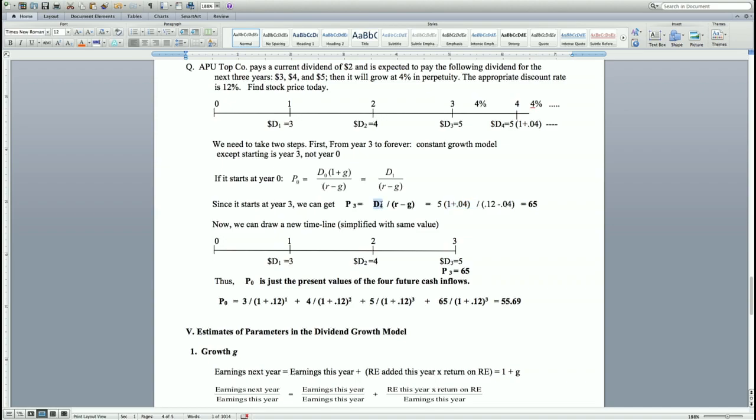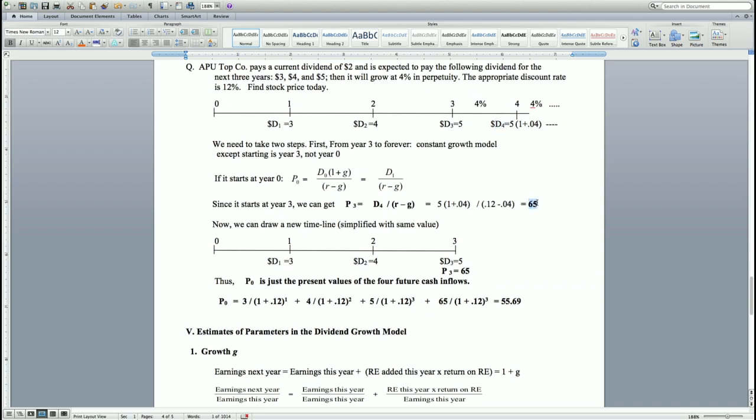That's D4, over R given 12% minus G 4%. So now we have P3 as $65. What this means is, in year 3, if you sell the stock, you will not get D4, D5, and on, but you will get $65 in year 3.